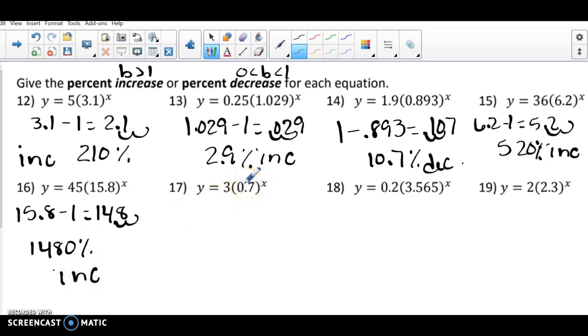This is less than 1, so I say 1 minus 0.7. That gives me 0.3, 2 places, so that gives me 30% decrease.